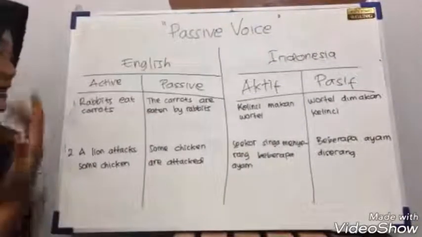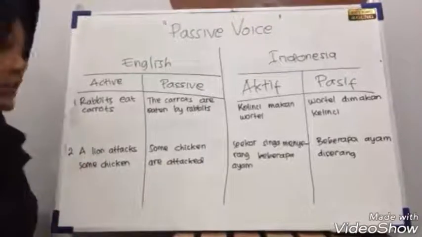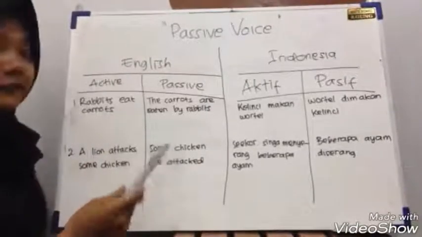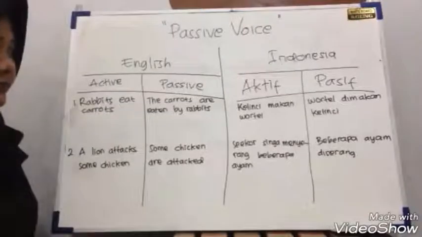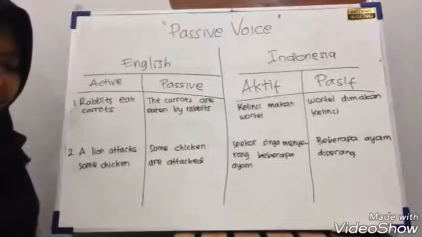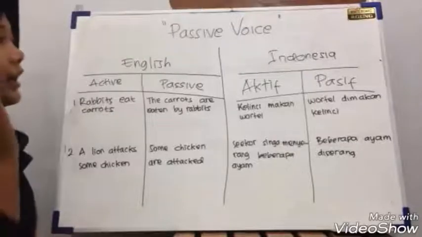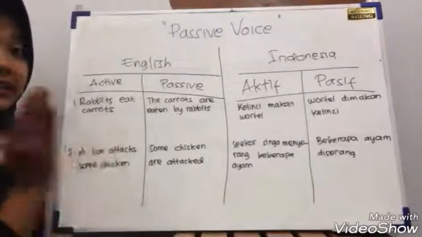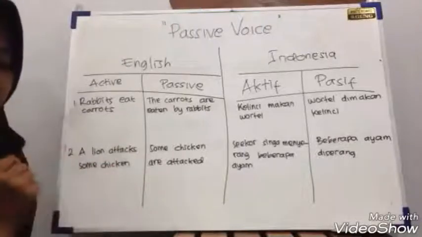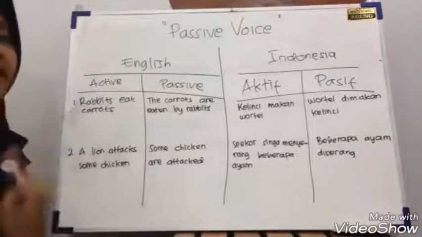And the second one is a lion attacks some chickens, and the passive voice is some chickens are attacked. After learning the sentences here, what do you know about passive voice?